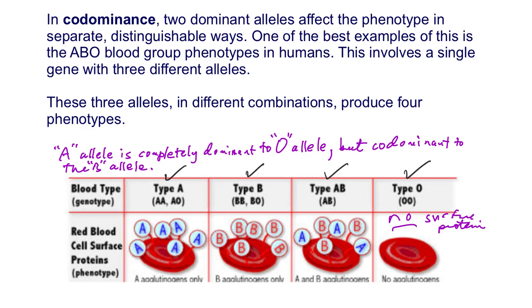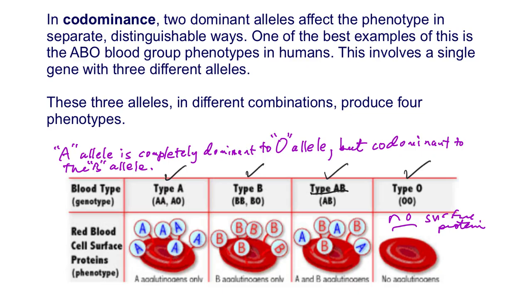Okay, so if you have type B blood, you only have B proteins. So you have the allele for B proteins on the red blood cell, because the allele B codes for the B proteins on the surface of the red blood cell.